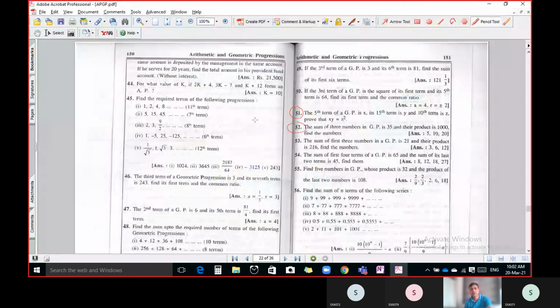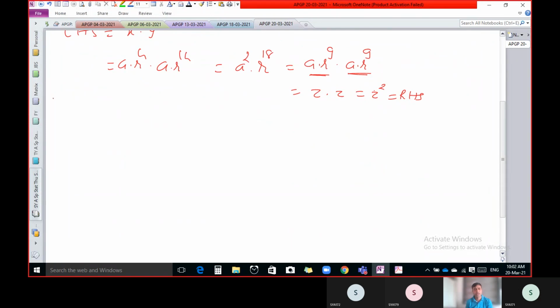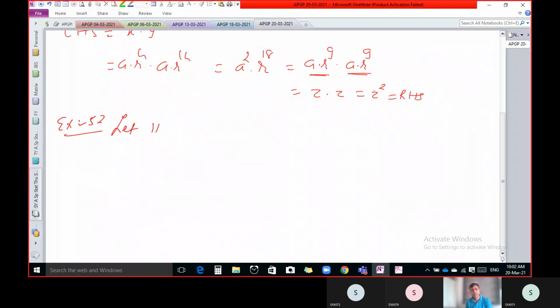Next question 52. The question is: the sum of three numbers in GP is 35 and their product is 1000. Find the numbers. So here we have to find three numbers in GP and the product is also given. Which three numbers do we have to assume when the product is given?